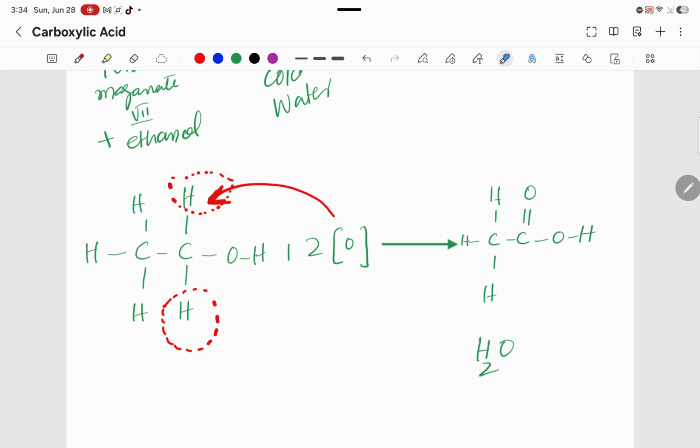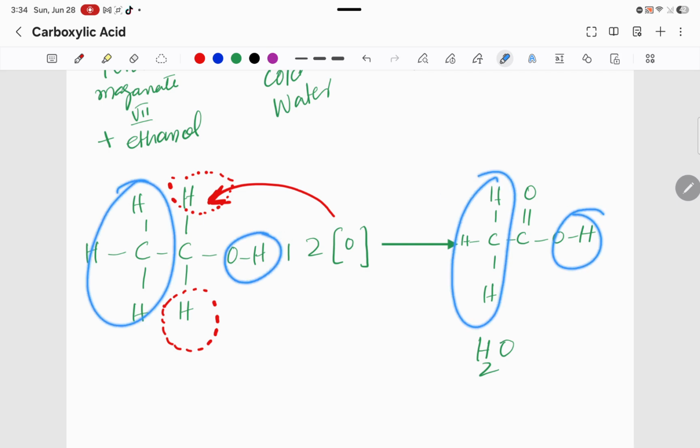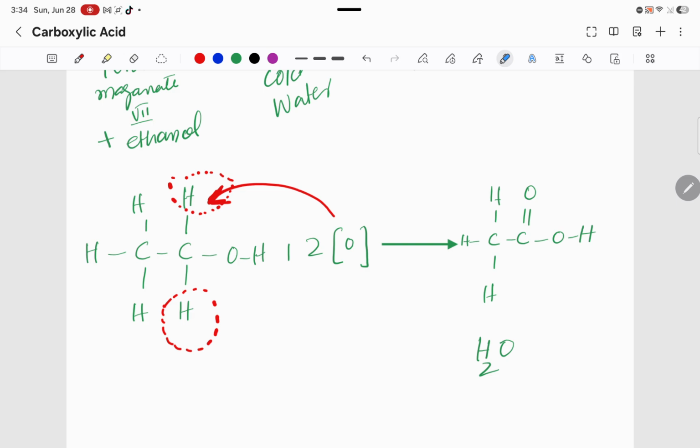The rest of the thing remains the same. Like this is CH3, this is CH3, this is OH, this is OH. The only change that took place is at this point. At this point, these 2 hydrogens are being removed and this oxygen is being added. So removal of the hydrogen is called oxidation, and so we can say this is basically a redox reaction that took place.